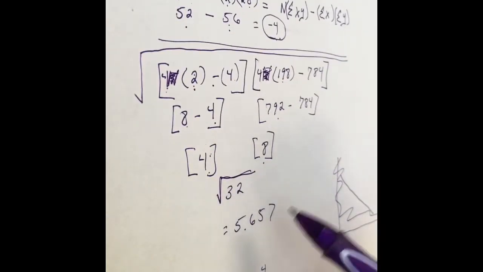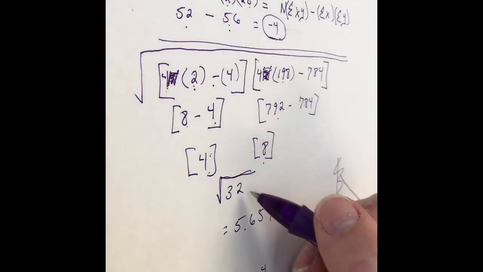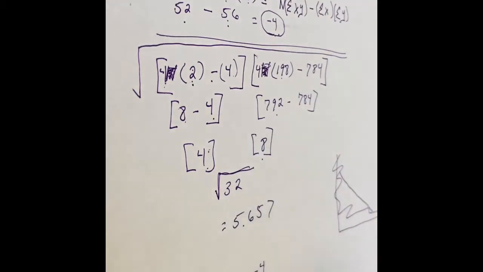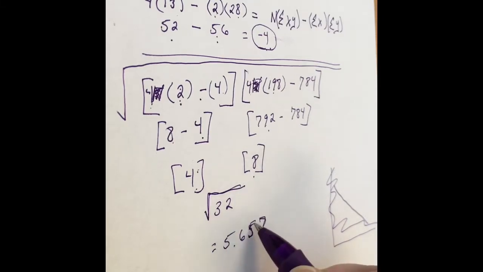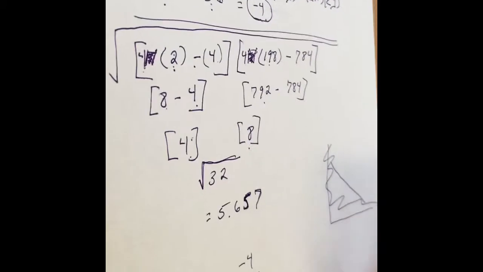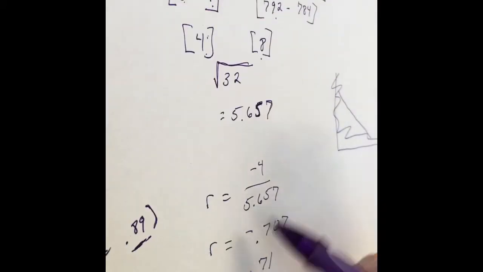That is the number times itself that will equal 32. And what we come up with is 5.657. Now remember, your book suggested that we go out to the third decimal place just so that we're as accurate as possible. Can you see that? That's a horrible 5. We'll make it prettier.